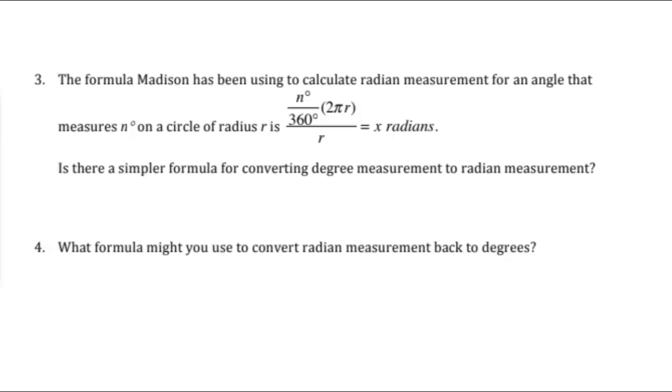So instead of just thinking about it as the arc length over the radius, is there a way that we could simplify it? So let's think of some of our algebra skills and tools that we may have. Dividing by r would be the same thing as multiplying by 1 over r.